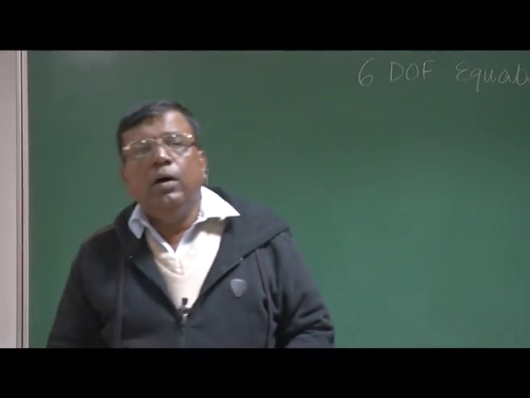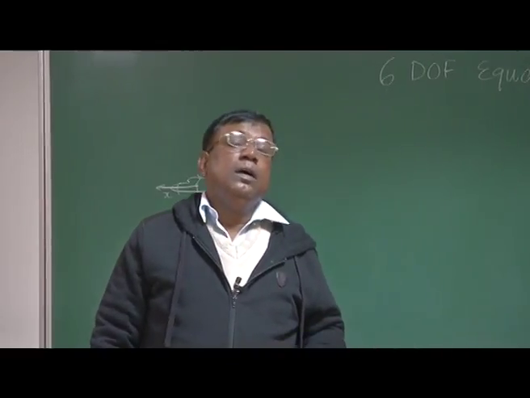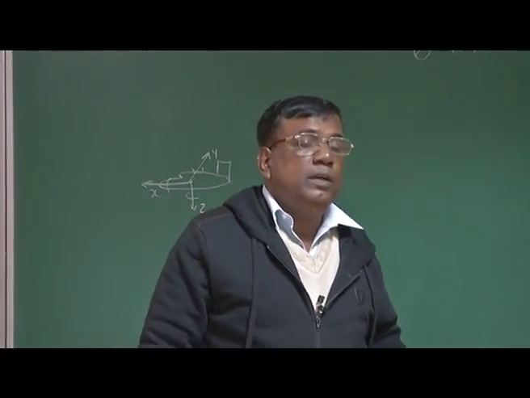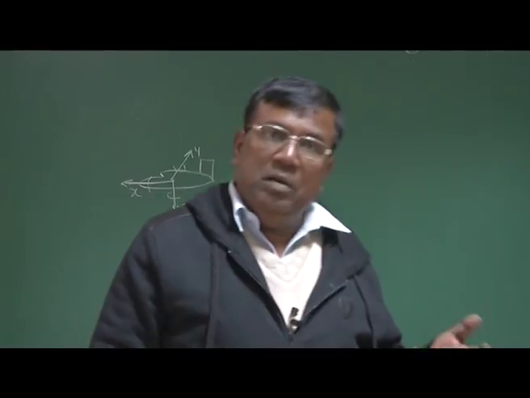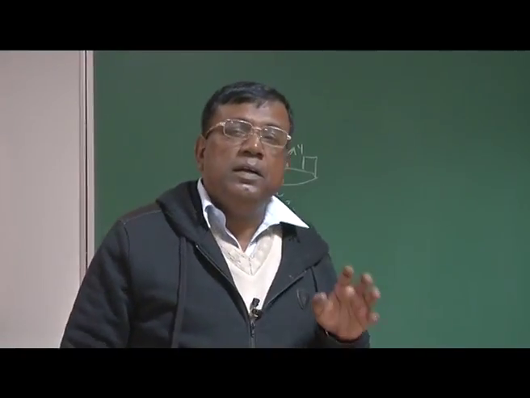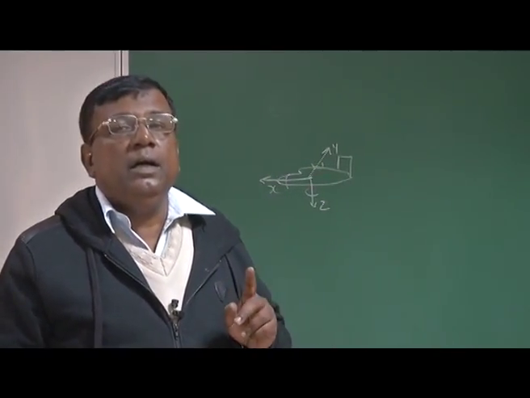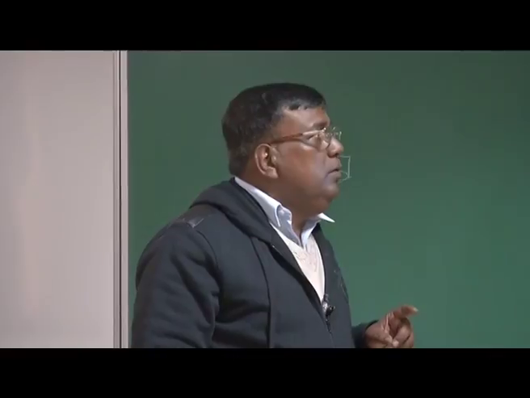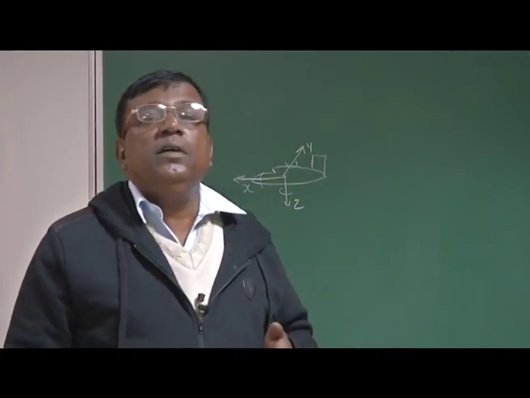If you want to know up to what range it is going, how it is moving in different directions, you can also do that. But we are very clear about this. We are developing these equations of motion with a clear understanding in our mind: we will be studying the dynamic stability of an aircraft.